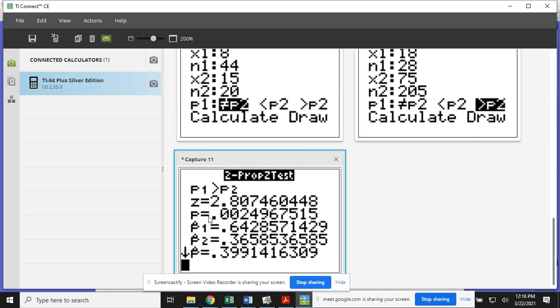So it does our P hat 1 value for us, our P hat 2 value for us. There is a third p hat. So what is that p hat value? P hat C. You just have to know that that's p hat C because it doesn't give that notation. It gives you your n's below, but you type those in. And then it also gives you your test statistic value and your p-value. So I would never type any of this in my calculator other than using a test because there's no reason to.